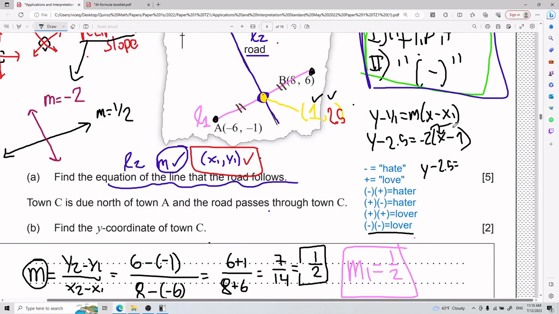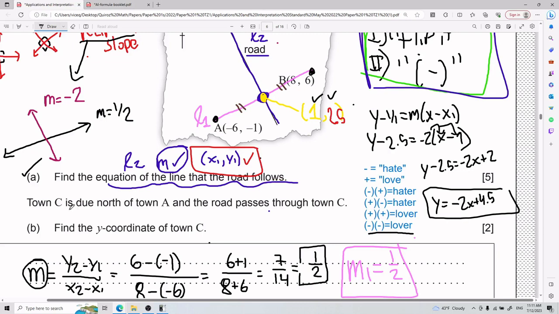This -2 is going to distribute, so I'm going to end up with -2x plus 2. I throw the 2.5 on the other side. I end up with y equals -2x plus 4.5. All right, and that is pretty much for part A. That would be part A.